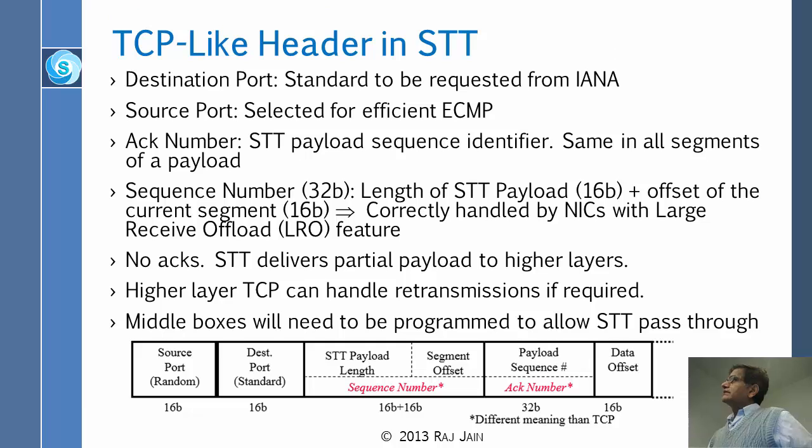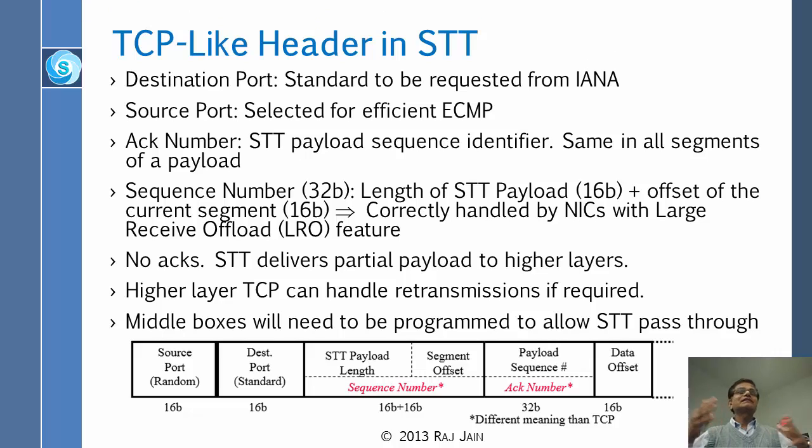ACK number, sequence number. Okay, so ACK number, we now know, is used as the payload identifier, sequence identifier. Sequence number itself, which is another number in the packet, is used for the length of the payload plus offset. This is correctly handled by putting the sequence number there; it is correctly handled by LRO devices.